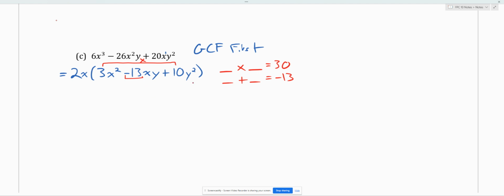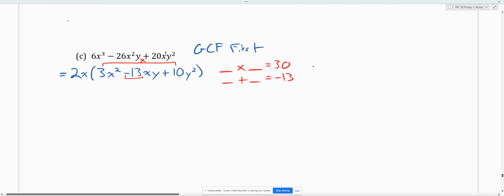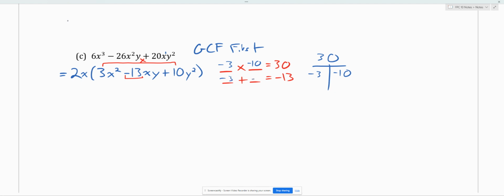After a little bit of trial and error and searching through your factors, you're going to discover that that's going to be negative 3 and negative 10. So negative 3 times negative 10 equals positive 30. Negative 3 plus negative 10 gives me negative 13.